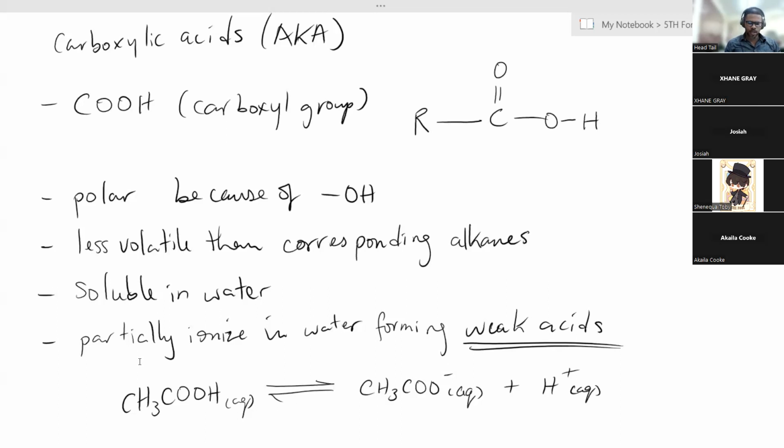All right. So we're looking at reactions. What's one reaction of the ethanoic acid? Josiah, one reaction of alkanoic acids. What do they react with?